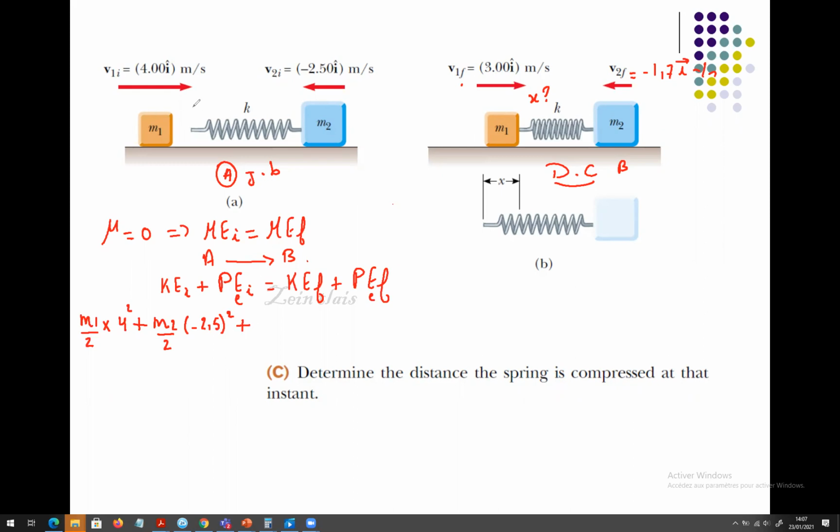About the elastic, initially we don't have X because the spring is at X equals 0.